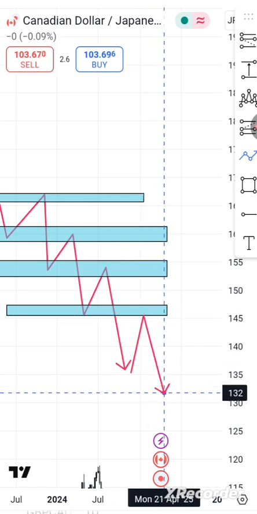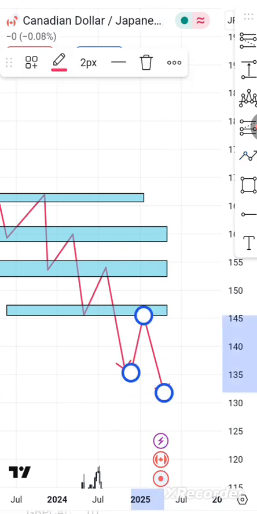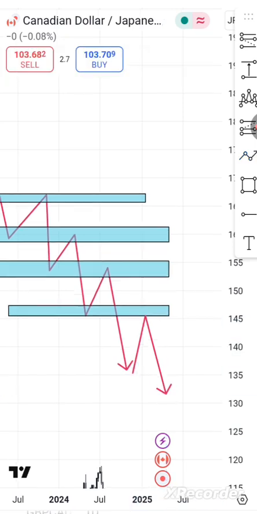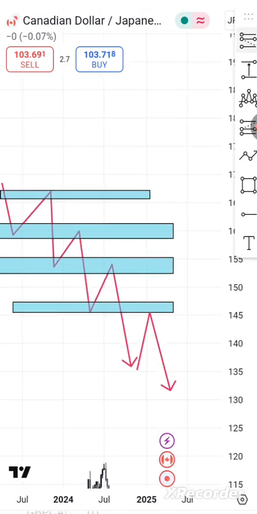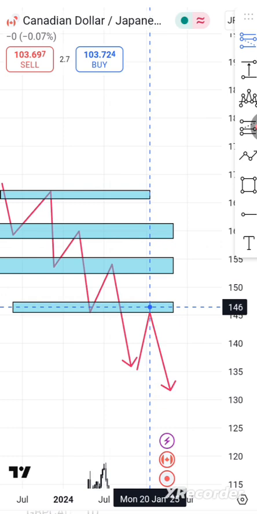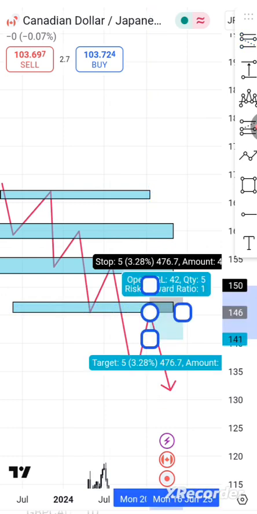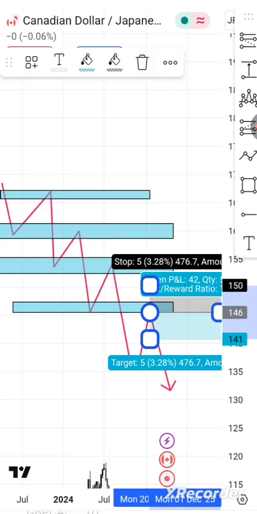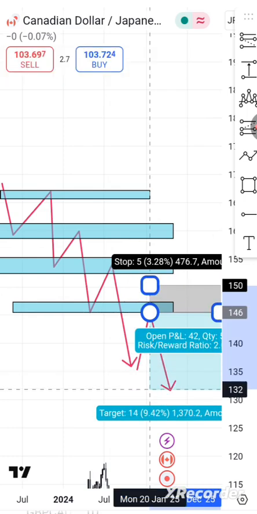I hope you guys understand. If you want to set in your short position, this is how to do it. Set in your short position here.